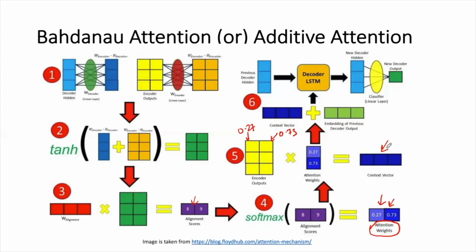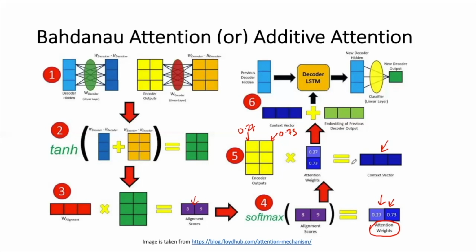How exactly is the linear combination done? That is done with the help of these attention weights. The attention weights are multiplied with the encoder outputs, and then the linear addition is done. That is how the context vector is generated. This is one way of generating the context vector.